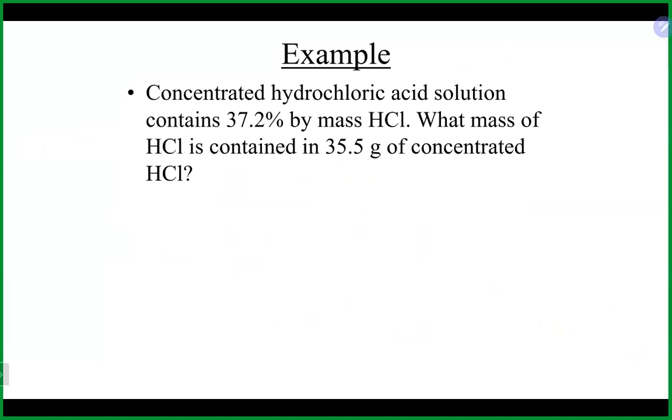A concentrated hydrochloric acid solution contains 37.2% HCl. What is the mass of HCl that's in 35.5 grams? Okay, so let's take a look. Once again, we're obviously dealing with percent mass to mass, which is our mass of solute over mass of solution times 100%.